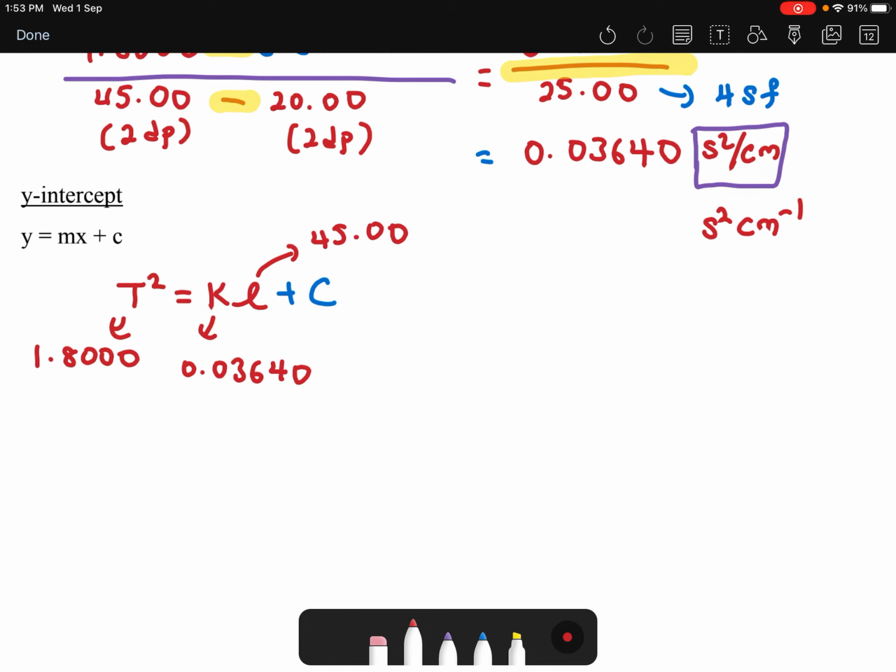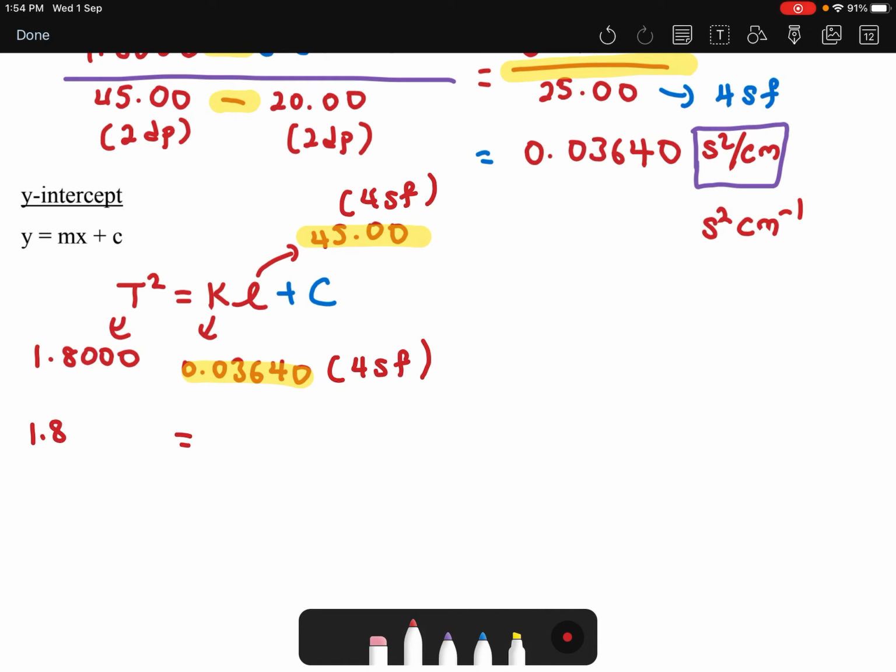So you just calculate. First of all, you deal with this and this. When you multiply, you follow your least SF. This one is 4 SF, and this one is also 4 SF, so the multiplication gives 4 SF.